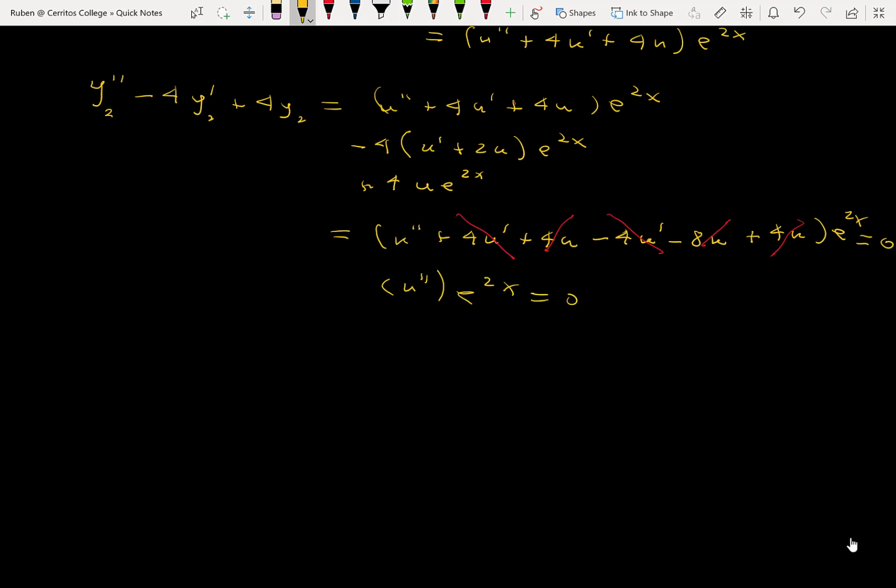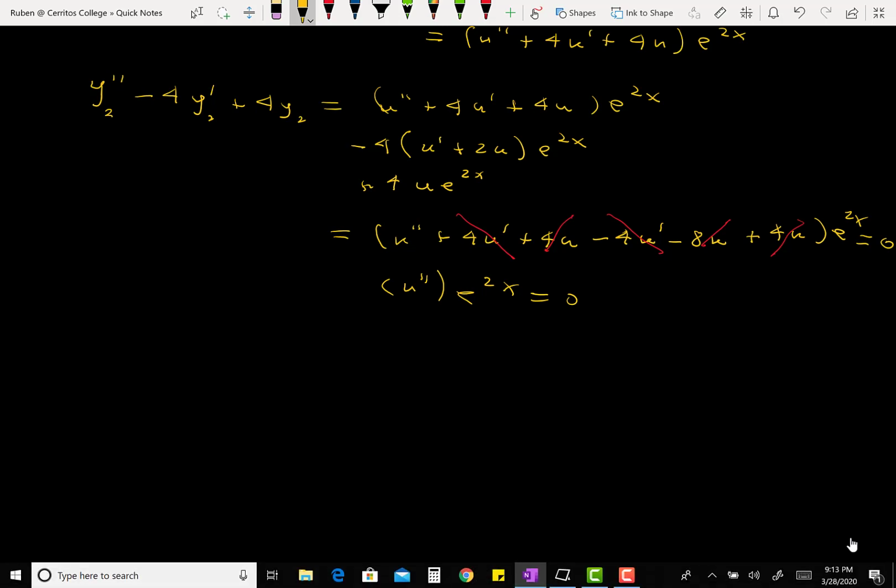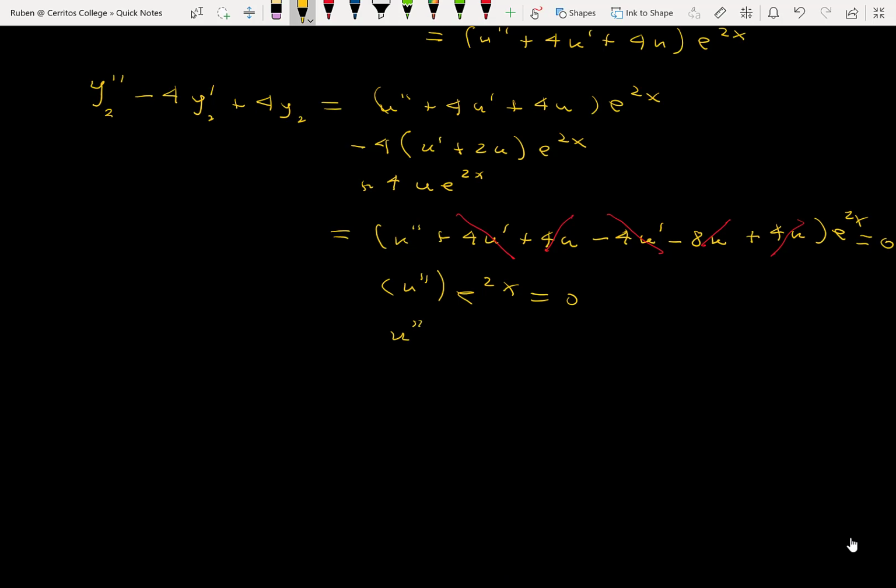All right, now don't lose track of what we're doing here. We're looking for a non-constant function u to help create our second linearly independent solution for the differential equation. So this final equation is itself a differential equation, and let's solve for u. Since e to the 2x is never 0, u double prime must be.